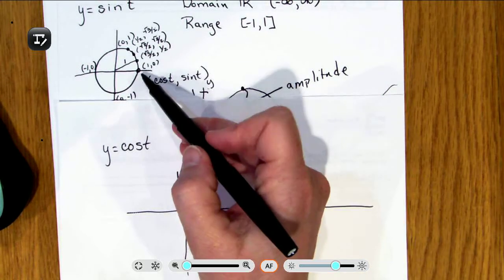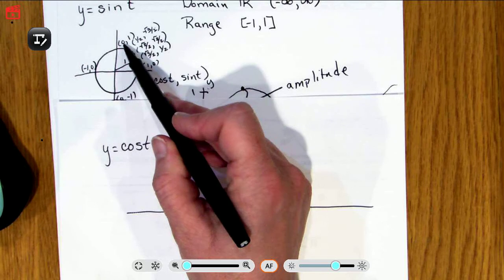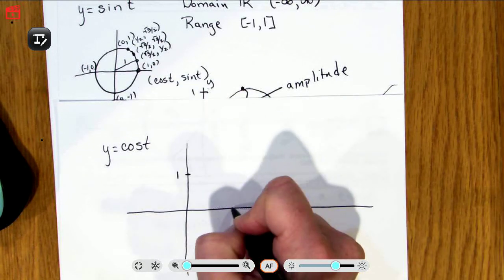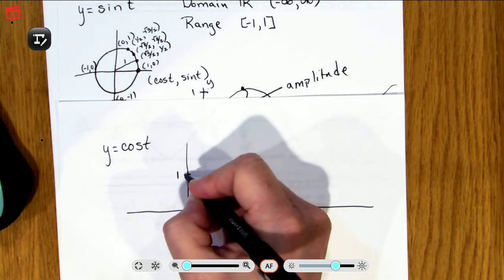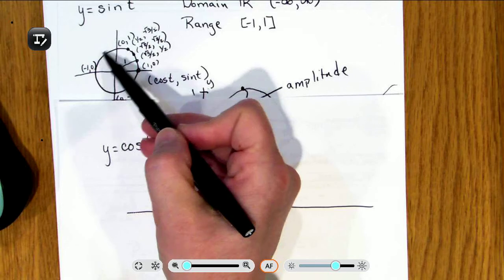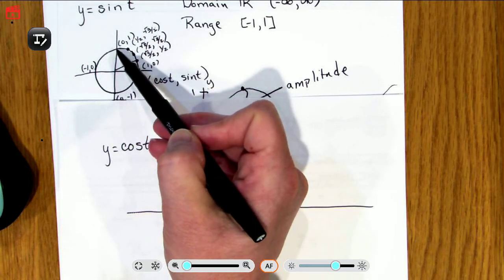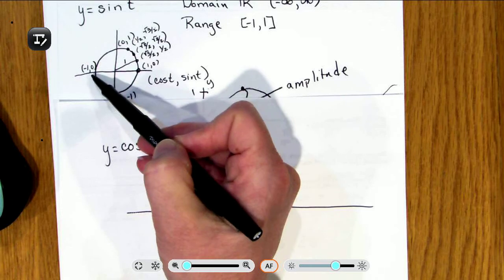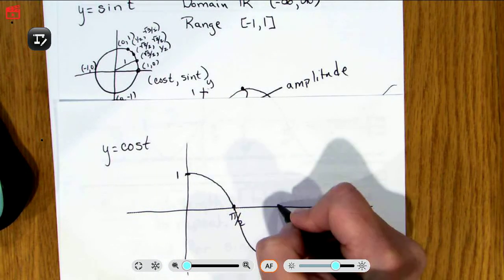Then as we move around the circle, our cosine values get smaller, and by the time we hit pi over 2, we're down at 0. So it's going to kind of smooth and go down to 0. Then we're going to be on this side, and notice our x values over here are negative, and so we're going to go from 0 down to a -1. Going a little faster this time.